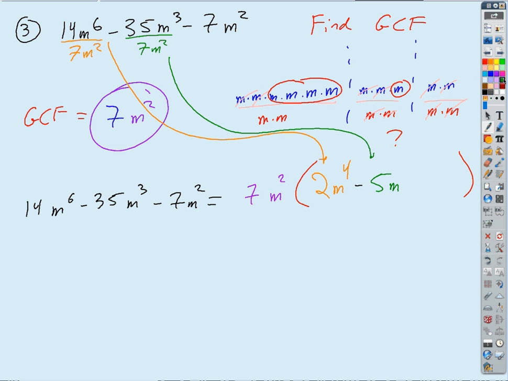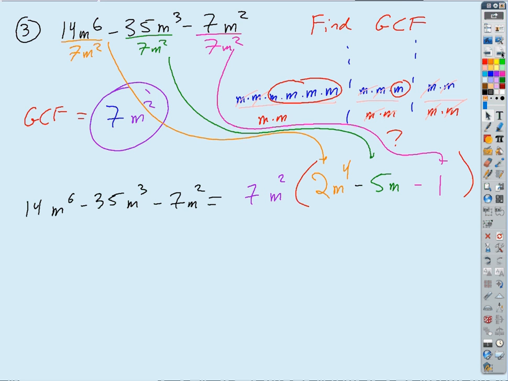And then finally, over here, 7m squared divided by 7m squared is negative 1. Okay, so there, that's factored. Right? We get that? We broke up these 3 big terms into a product of one greatest common factor and some smaller terms. Okay?